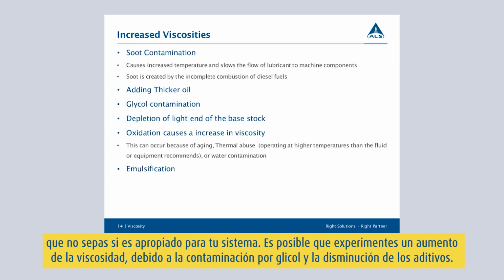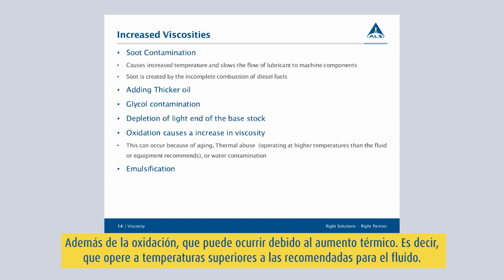Then you also see increased viscosities with glycol contamination and depletion of the light ends of base stocks. Also, oxidation can cause increased viscosity. Oxidation can occur because of aging or thermal abuse, meaning operating at higher temperatures than the fluid or the equipment recommends.